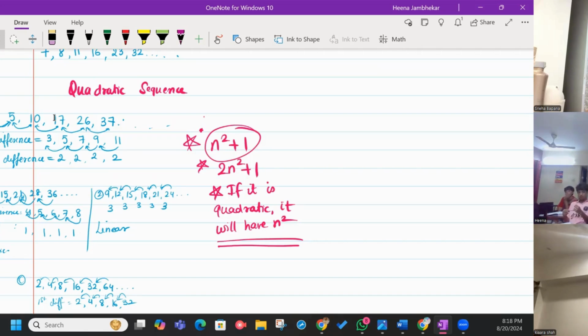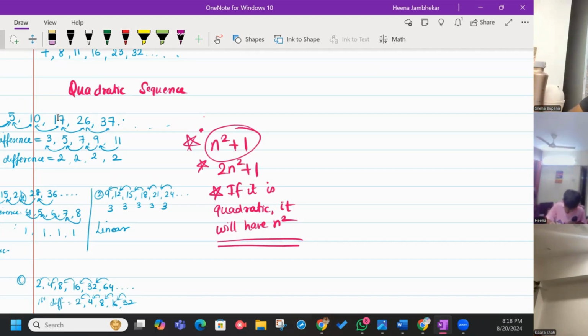Please write that, just write the pink color one. I'm giving you these pens. Mark it, highlight the n square. Take a different ink and highlight it. Please highlight the n square, very, very important. First you write in pink and highlight the n square with pink or green or whatever color.